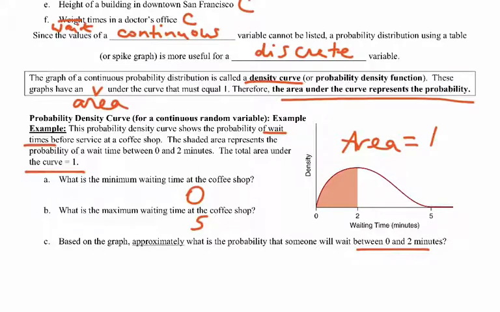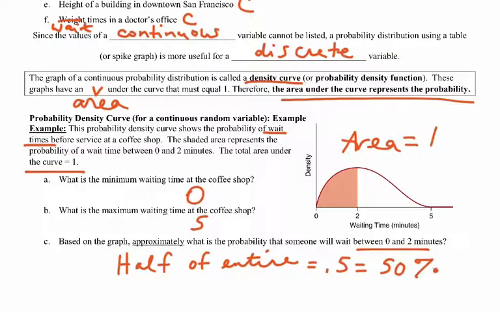I'm ballparking it. I don't know what the actual area is because it's kind of a strange shaped figure. So I'm ballparking it and I would estimate that it's about half of the entire area. And so if it's about half of the entire area, that would be 0.5, or if we write that as a percentage, 50%. So it's going to be about a 50% chance we're waiting between 0 and 2 minutes.